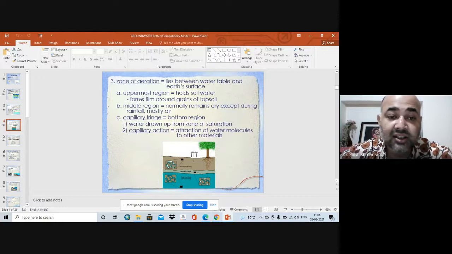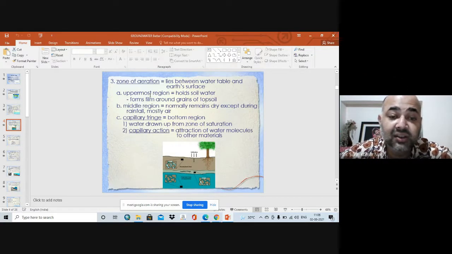The uppermost region holds soil water, which forms films around the grains of topsoil. Here the entire layer is not fully saturated with water. There is a possibility of infiltration.